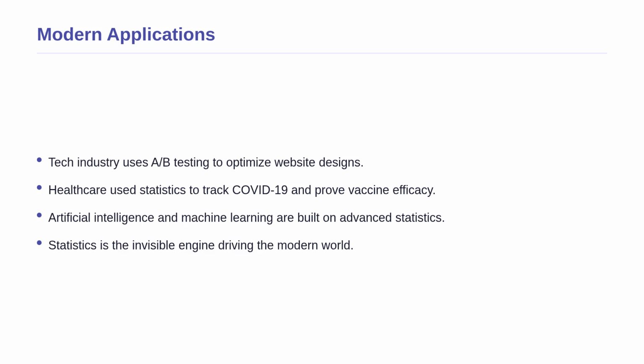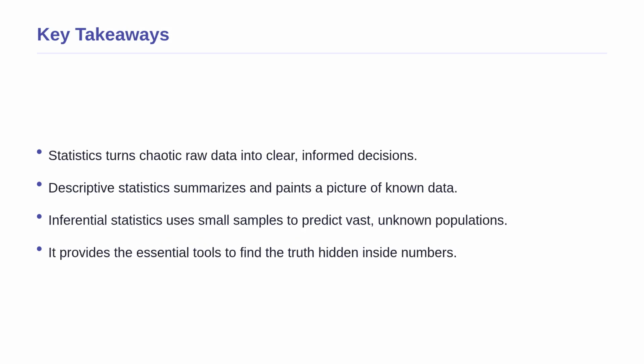In healthcare, statistics allowed scientists to track COVID-19 infection rates and prove that new vaccines were actually effective. Furthermore, the entire field of artificial intelligence and machine learning is just advanced statistics using massive amounts of data to predict the correct answer.